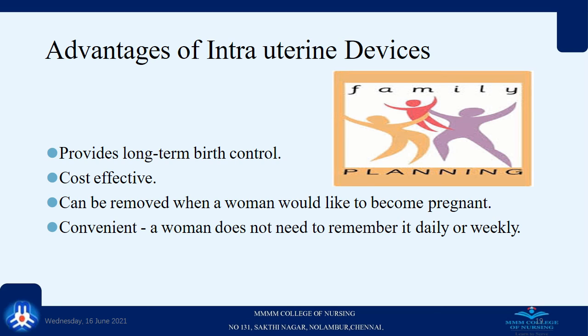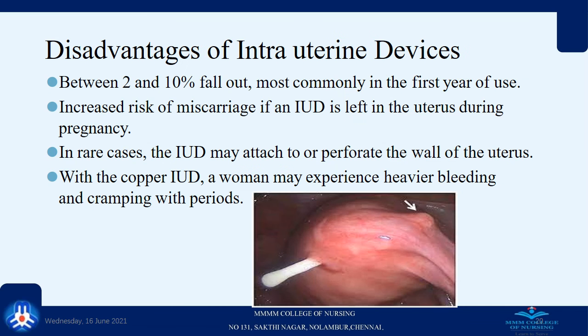A woman does not need to remember it daily or weekly, whereas in the case of contraceptive pills, the mother has to remember to take the tablet daily. With an intrauterine device, she doesn't have to remember anything. So these are some of the advantages of the intrauterine device.